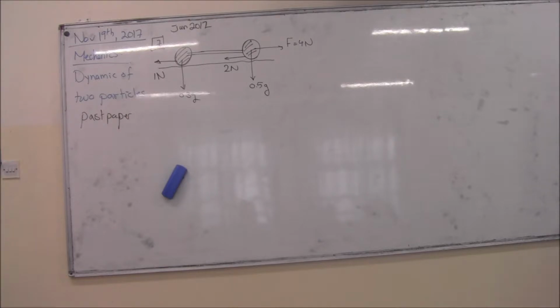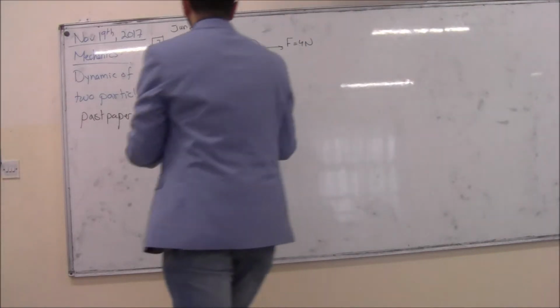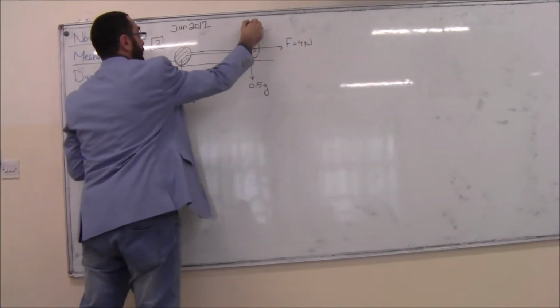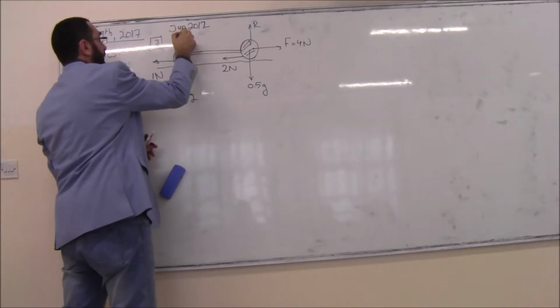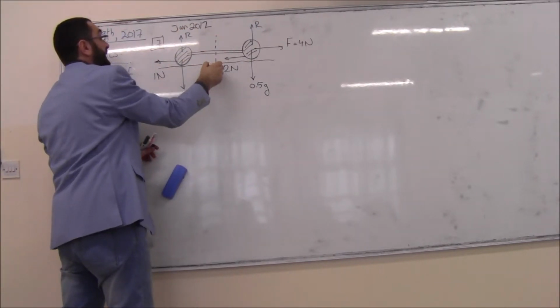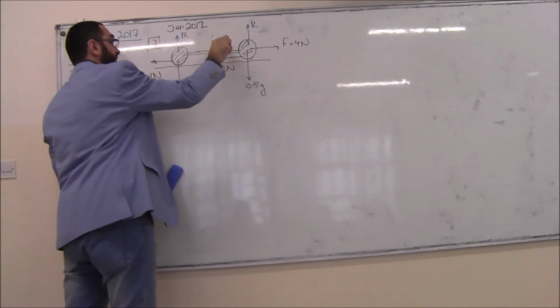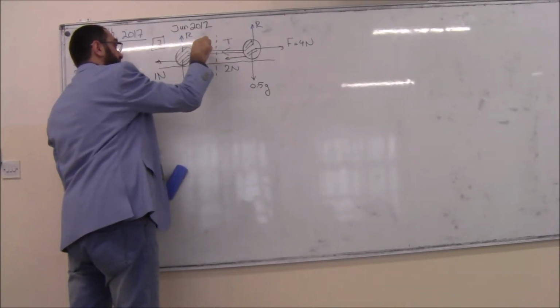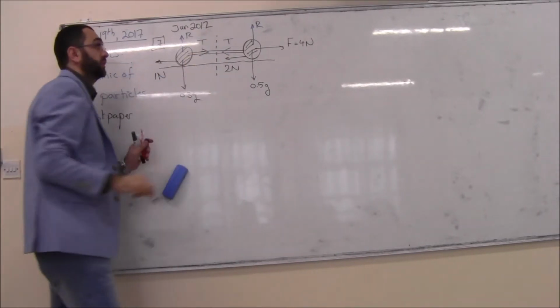So, what are the forces here? We wrote weight, normal here and normal here. Since it's accelerating, there is a tension in this direction, and here a tension in this direction.